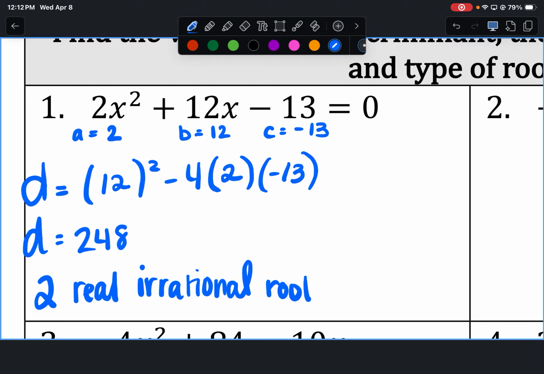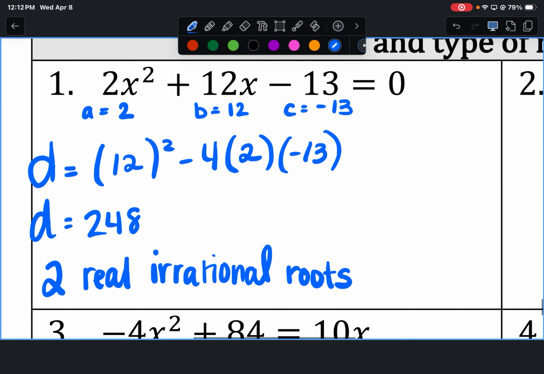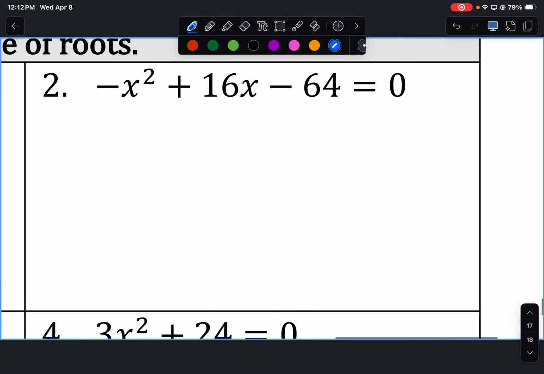All right, so graphing can only be used sometimes, and graphing is limited to when the roots are integers. That's the only time we can really use graphing to solve.